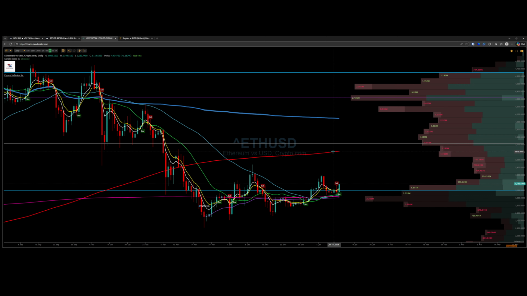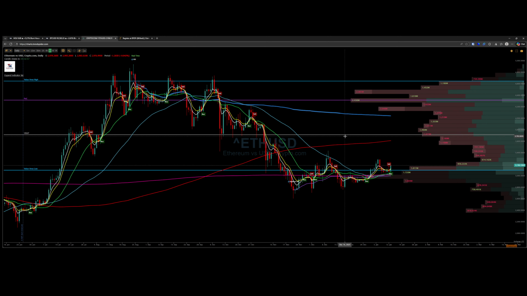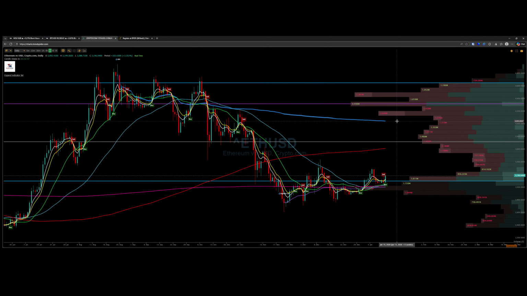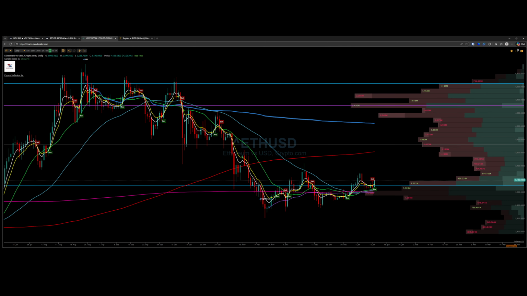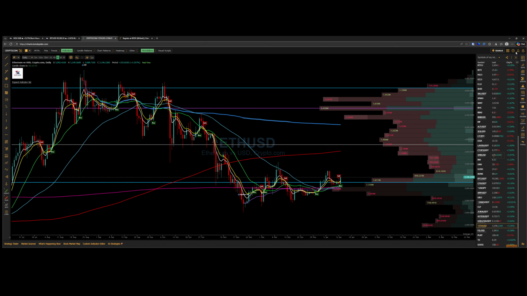There's your 200, obviously a draw for price, and there's the VWAP, the white, and again the anchored VWAP for price up here. So there's opportunities on these charts, and you're starting to see it with some consistency with several different tickers.